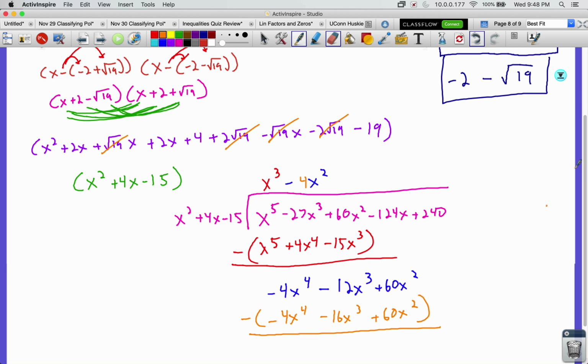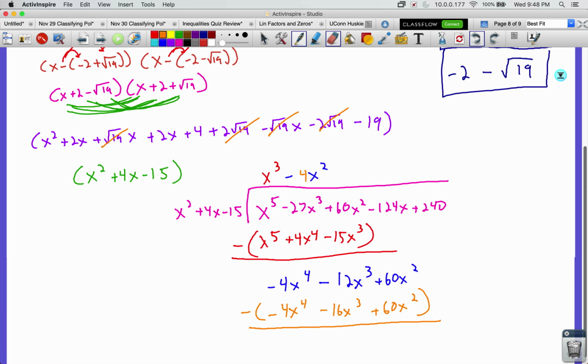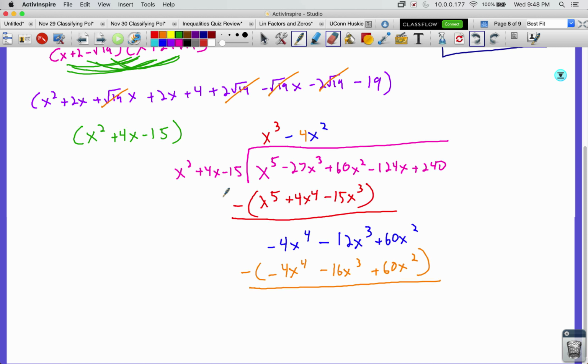Subtract this away. And we get negative 12 plus 16, which is going to be 4x cubed. These terms cancel out as well, so I'll drop down our minus 124x and keep going. x squared times a positive 4x is going to give us a 4x cubed.